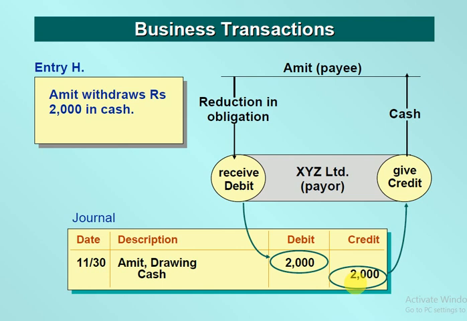Look at these transactions very carefully. According to the double entry approach, these transactions are recorded in the journal. After the equation, your next step is the journal, and this journal will be discussed in detail with different other rules in the forthcoming lecture.